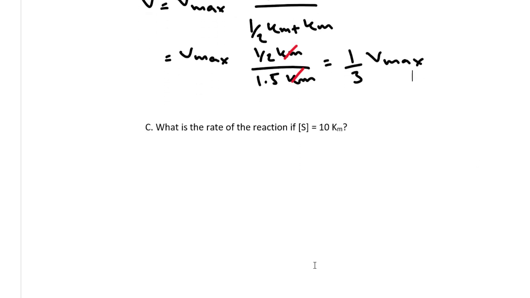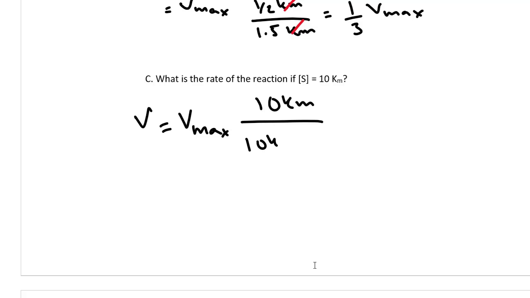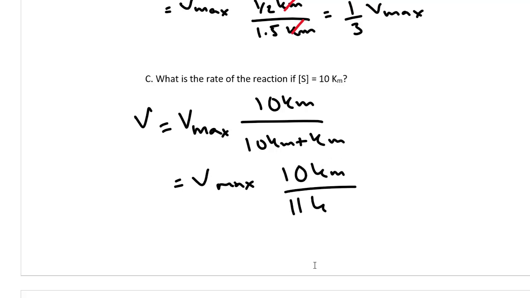So what is the rate of the reaction if S, the concentration of substrate, equals 10 Km? Let's figure this out. V equals Vmax times 10 Km over 10 Km plus Km, which equals Vmax 10 Km over 11 Km.